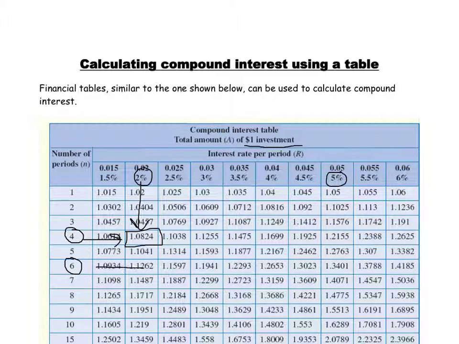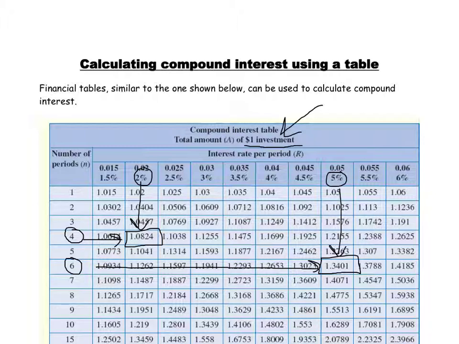Now if I go all the way across and down, you'll see that this number is the intersection of 6 years and 5%. So that means my $1 investment will grow to $1.3401 in 6 years at 5% per annum, which is approximately $1.34. So that's how you use the table.